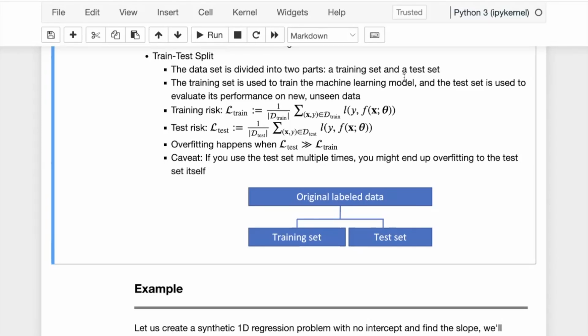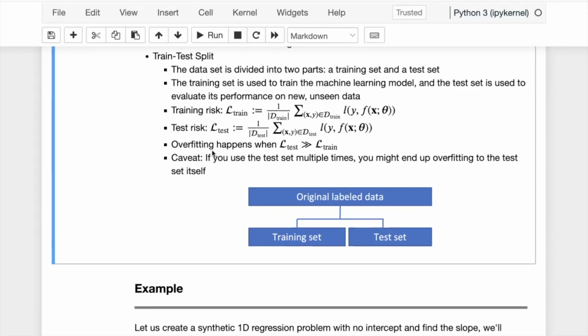And in this case, you can find the training risk, which is the sum of the loss functions evaluated for the data points that belong to the training data. And then we can find the test risk, which is the sum of the loss functions evaluated at the test data points. And these two values should be comparable.